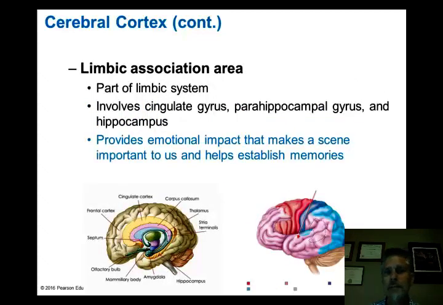Now, another association area which is really important is the emotional brain, or the limbic association area. This attaches emotion to the actions that you're doing and the things that you're seeing, and it really helps to cement memories. So if you have a particularly good or bad memory, you can remember a lot more detail than if it was just something you passed by in the street and didn't really think about.